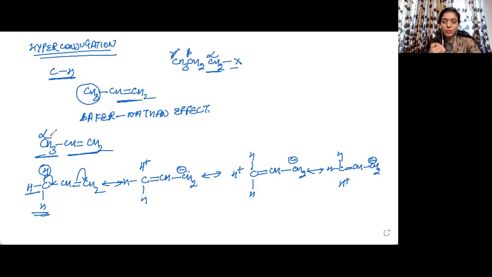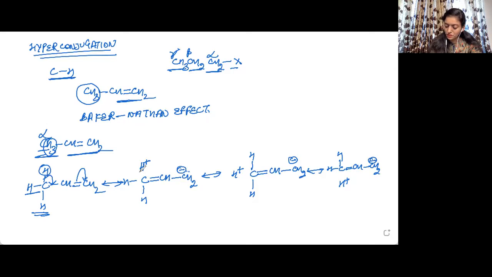The number of hyperconjugating structures possible depends upon the number of alpha hydrogens. The hydrogens attached to the alpha carbon are known as alpha hydrogens, those attached to the beta carbon are beta hydrogens, and those attached to the gamma carbon are gamma hydrogens. In hyperconjugation, we need to see how many alpha hydrogens are there. The number of hyperconjugating structures will be equal to the number of alpha hydrogens present.